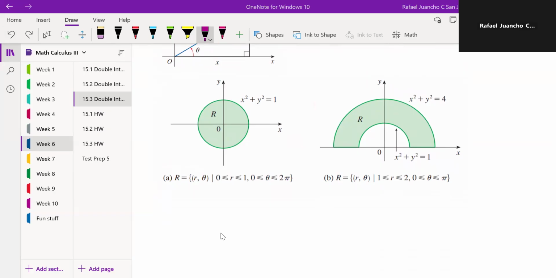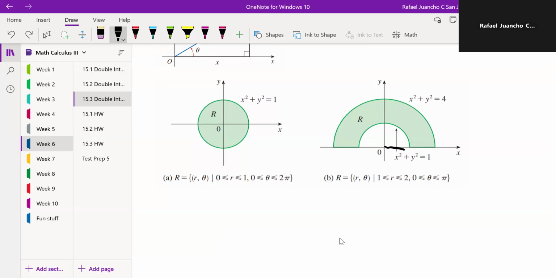Now, figure 2B illustrates another region that is also conveniently described in polar coordinates. Why is that? Because for all of my points (r, theta), r is between 1 and 2. How do I know r is between 1 and 2? These are both equations of circles.